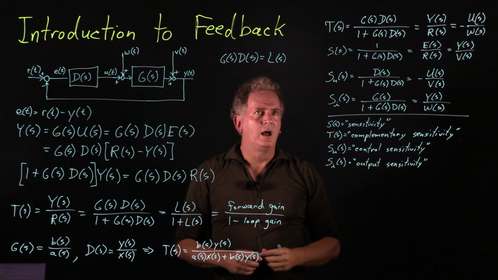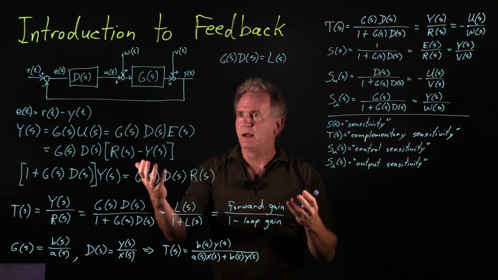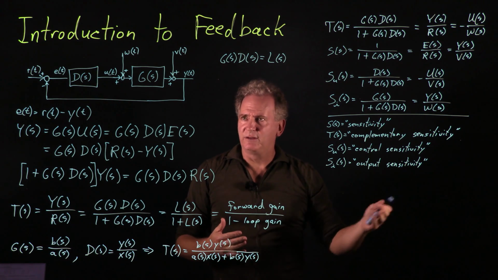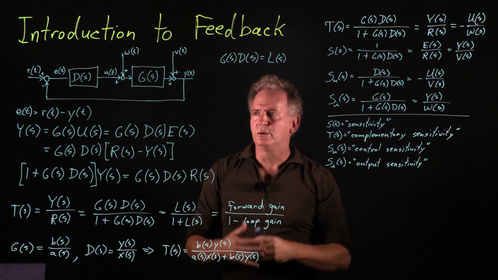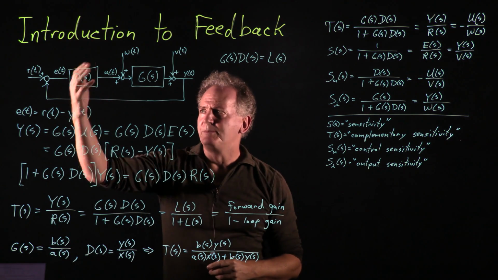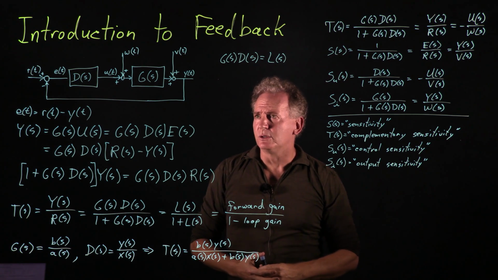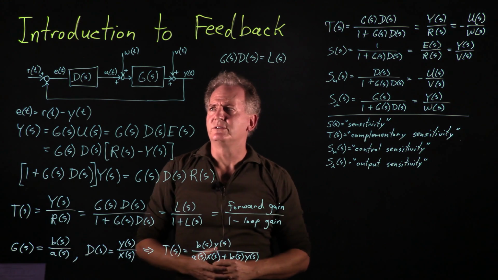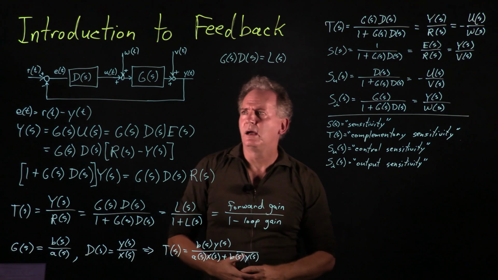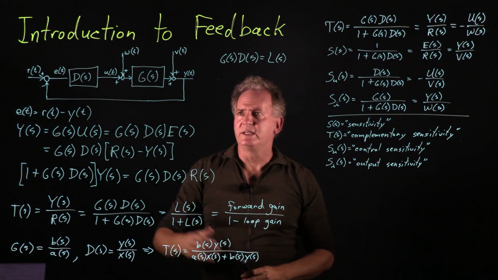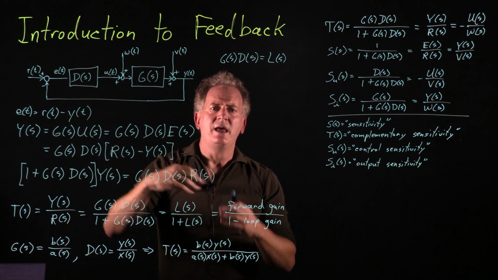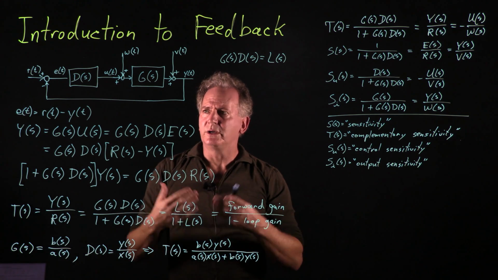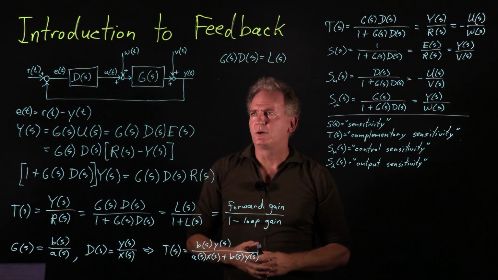And so this gives you an idea of the beginning of the feedback connections. So in the next set of videos, what we're going to do is we're going to first parameterize all stabilizing controllers, first in the case where g of s is a stable transfer function, and then in the more difficult case where g of s is unstable, we can get a parameterization of all stabilizing controllers, and then we will go through the process of classical control design.